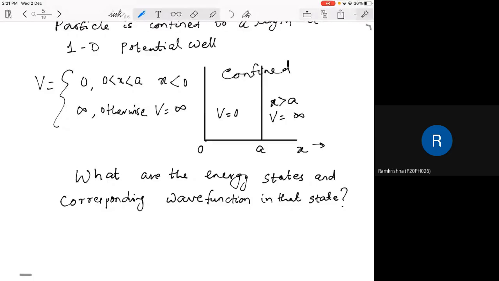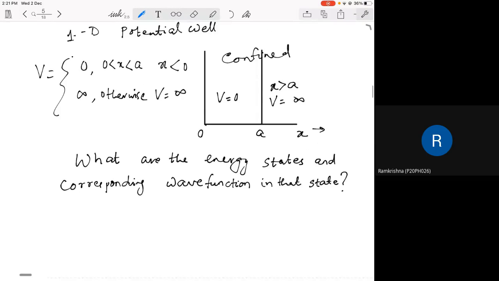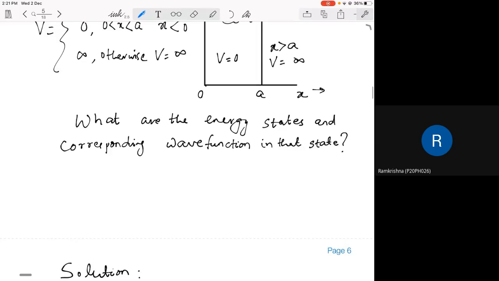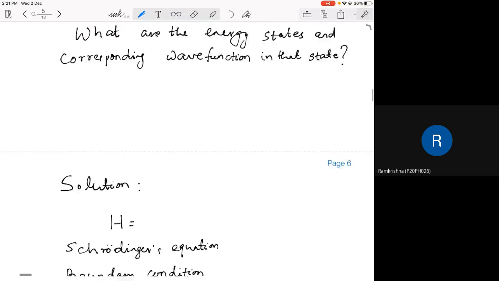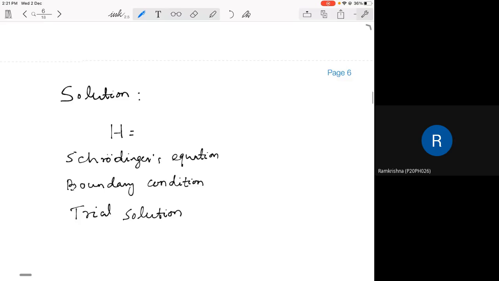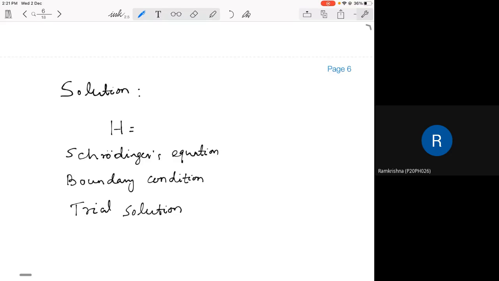This is one of the very simple problems in quantum mechanics, and the problem is to find out what the possible energy states are. So how do I write down the Hamiltonian in this case if I want to write the solution?